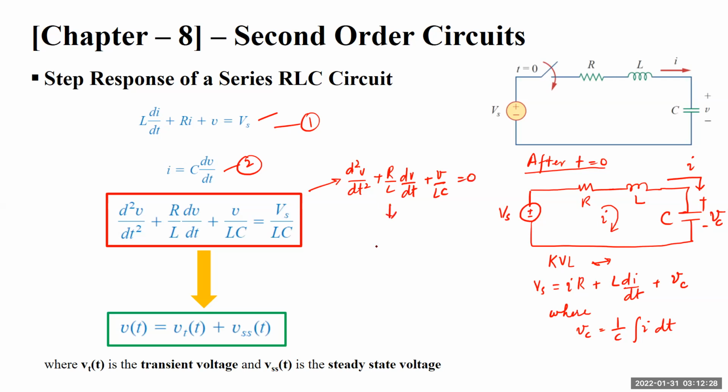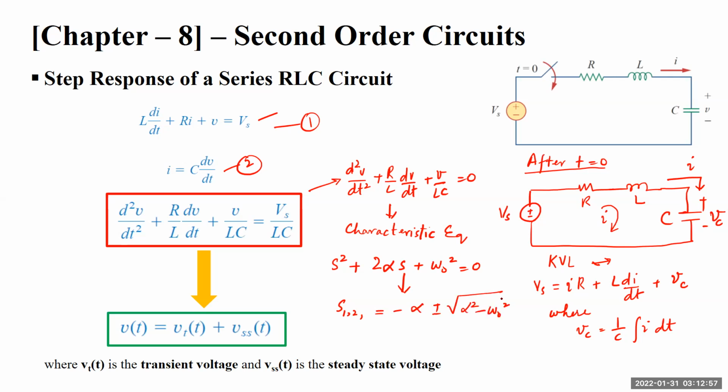From this equation we developed our characteristic equation, s² plus 2 alpha s plus omega naught squared equals 0. We solved this equation and found two solutions, s1 and s2, given as minus alpha plus or minus the square root of alpha squared minus omega naught squared. This is what we have seen in our previous lectures on how we solve a source-free RLC circuit.